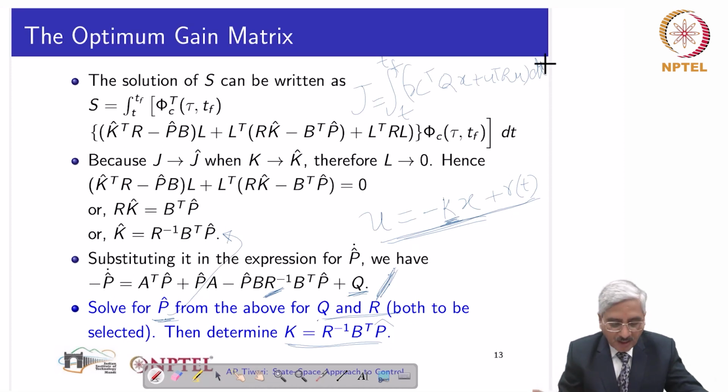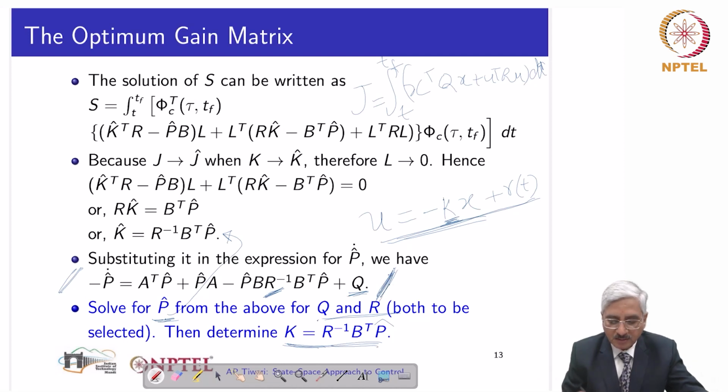So once Q and R are there, matrices A and B are known, then the entire effort is to solve for P from this matrix Riccati equation, and obtaining K is then a very simple task.